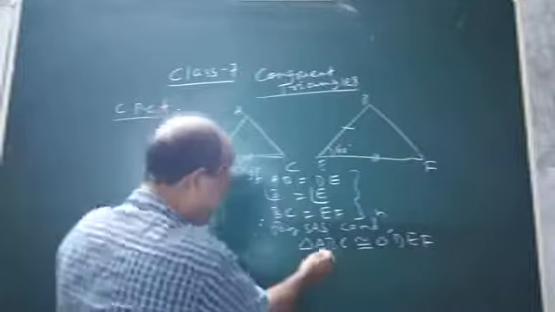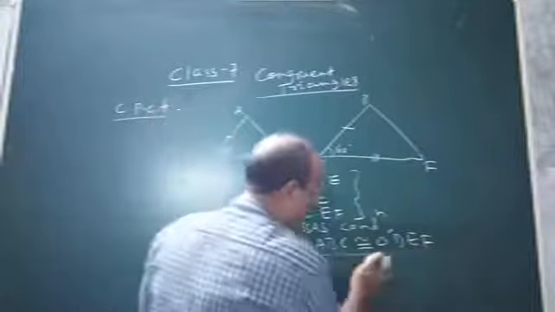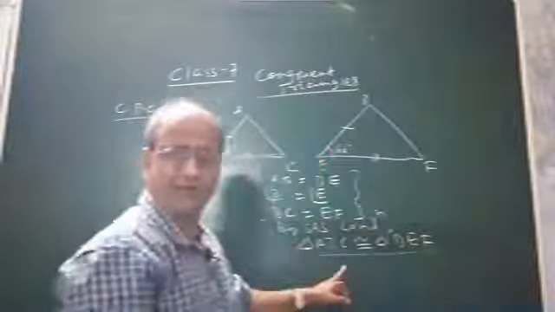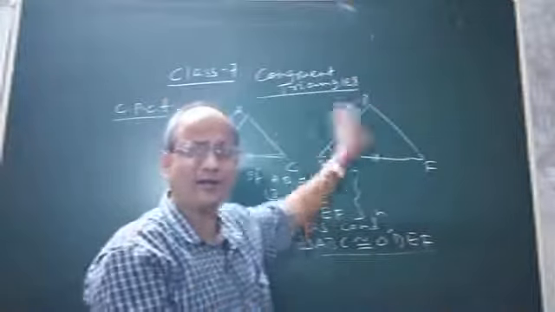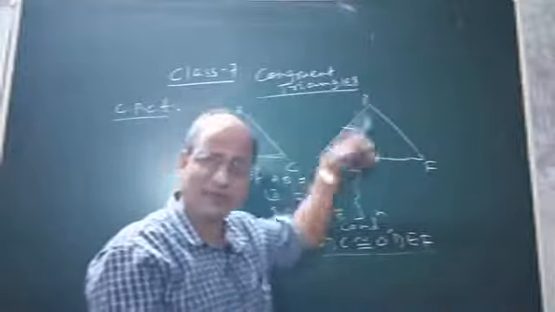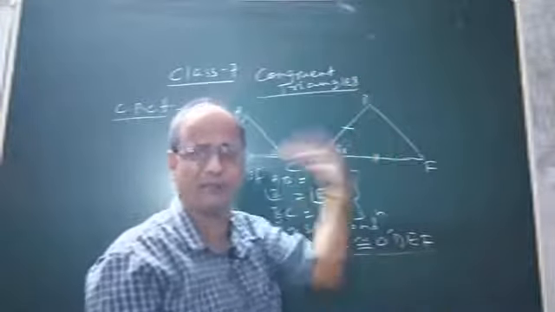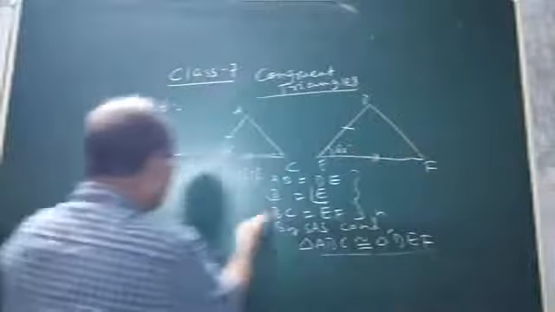That means if triangle ABC is congruent to triangle DEF by SAS condition or any other condition, whatever corresponding sides and corresponding angles are left in the two triangles must be equal. So what will be our conclusion?